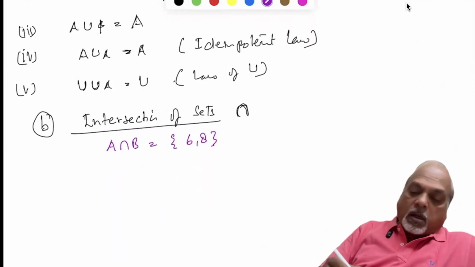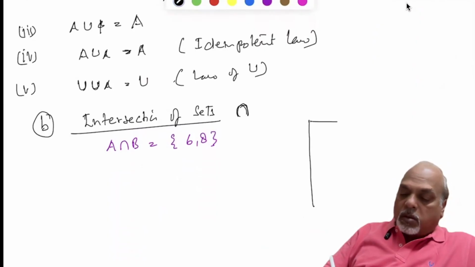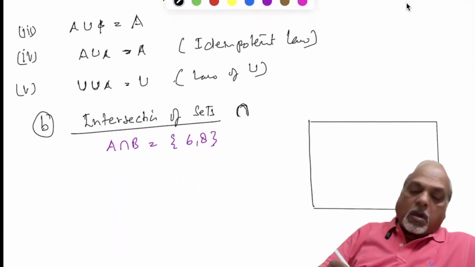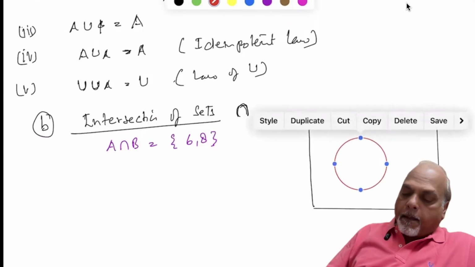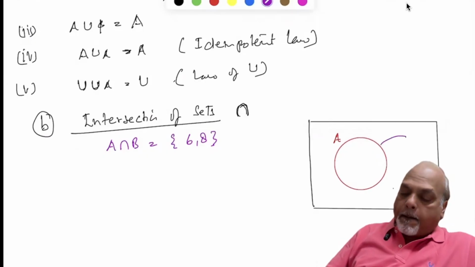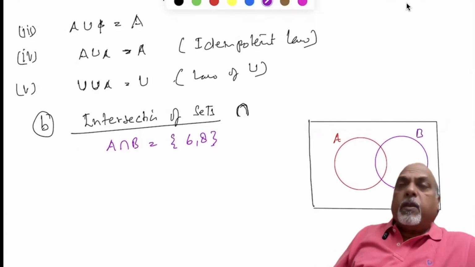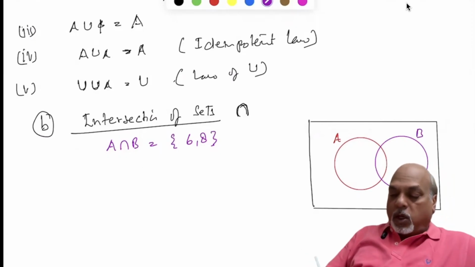Here we can see it through a Venn diagram also. Suppose you have a set A, you have a set B, then A intersection B means the common portion of these.